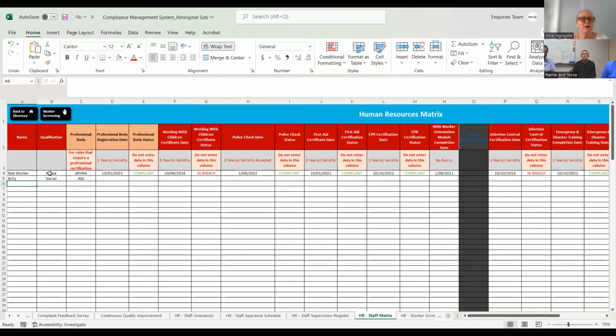But this is where anyone that you are employing that must have a professional body, they cannot work without it, you list the date that their registration is valid to. They will look at the registration. They will look up people on APRA. We always look up people on APRA, and for the others that we can't get access to, we will ask to see the document, so that we can ensure that they are validly practicing as, you know, whatever it is they are.